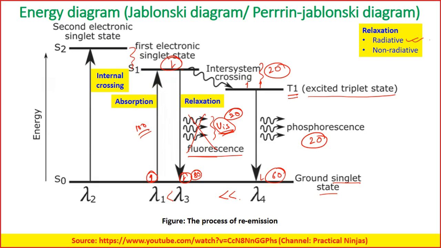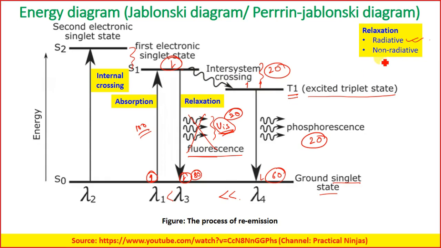Whether it was moving in the clockwise or anti-clockwise direction, it was maintaining that direction of rotational movement. But when it is coming from S1 to T1, that rotational movement changes. Again, the inter-system crossing is non-radiating because it is losing energy just to get from the singlet state to the triplet state.